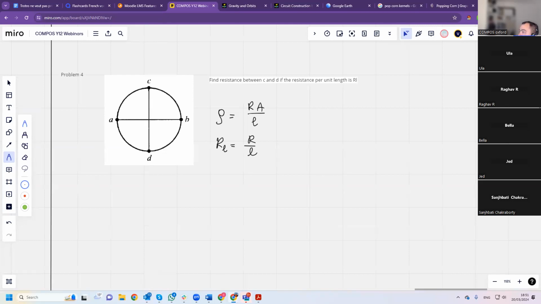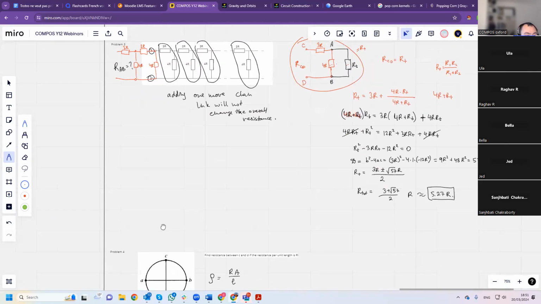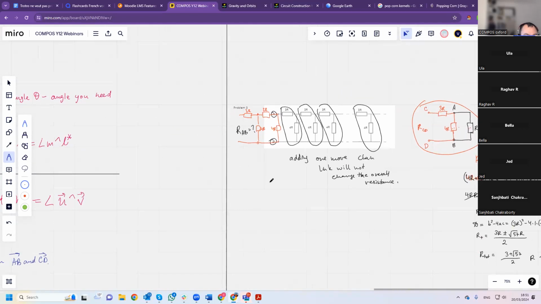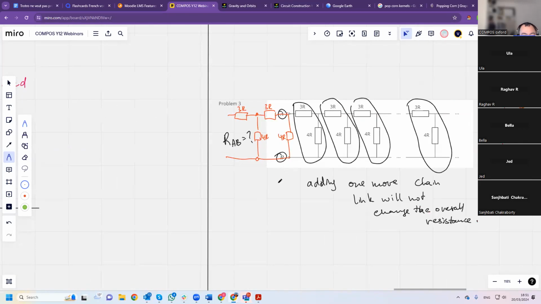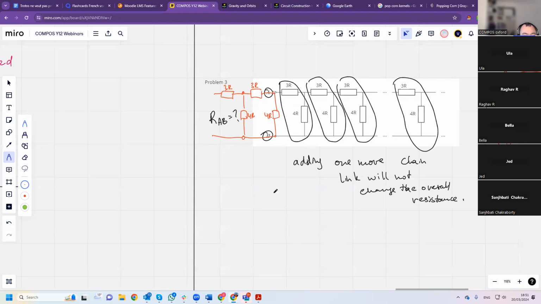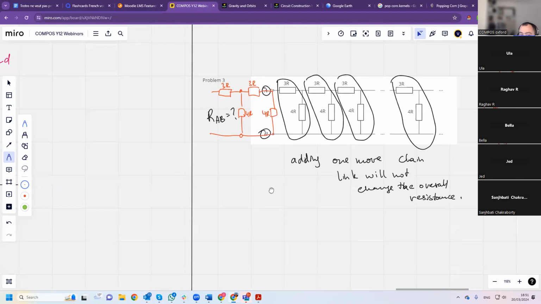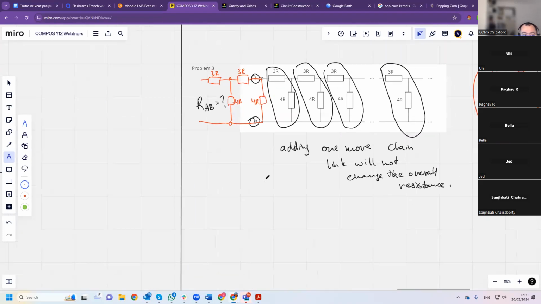There's a question. How do you know that adding one more chain wouldn't affect the total? Well, because there's an infinity of them, and adding one more gives you an equivalent chain. If you have an infinitely long chain, adding one more to the left doesn't make it different.